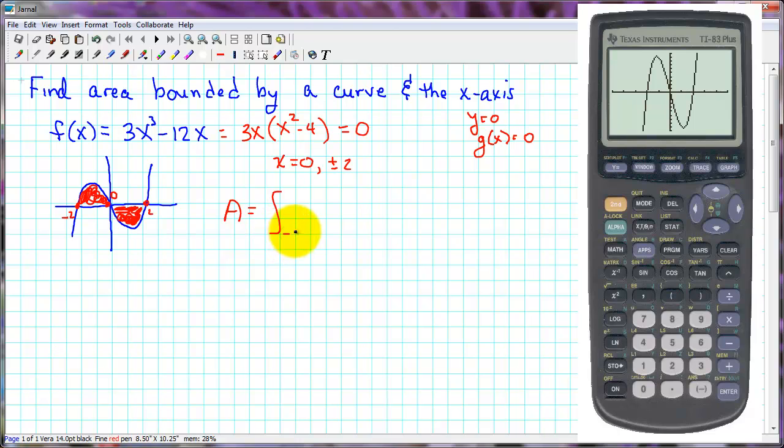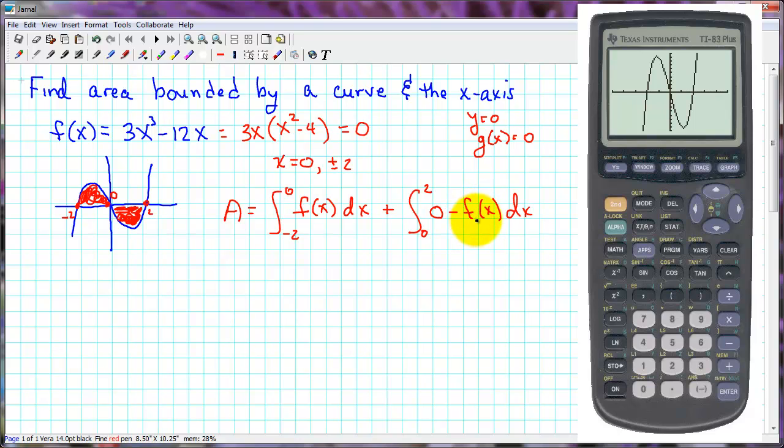Our first region goes from negative 2 to 0, and our f of x is on top, minus g of x, but g of x is 0, so we just get this. And then in the second interval, from 0 to 2, the x-axis is on top, so we've got 0 minus f of x, which would simplify to be negative f of x.